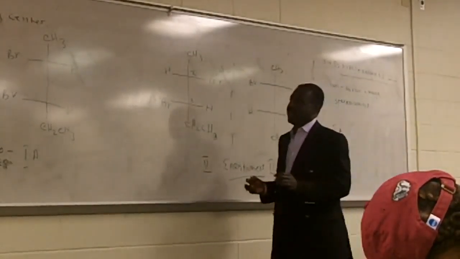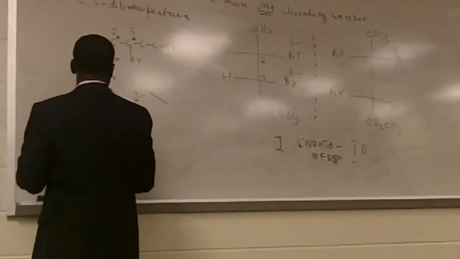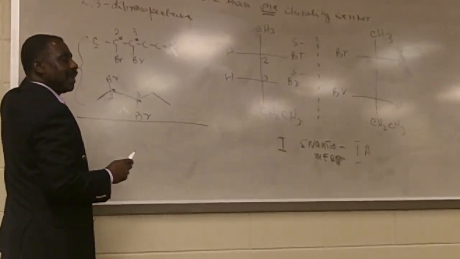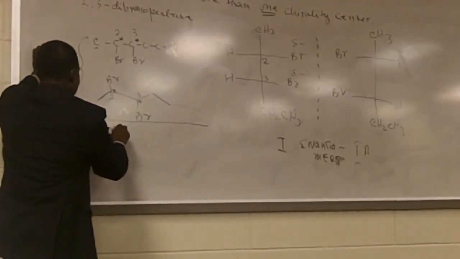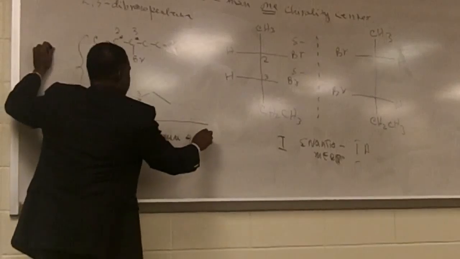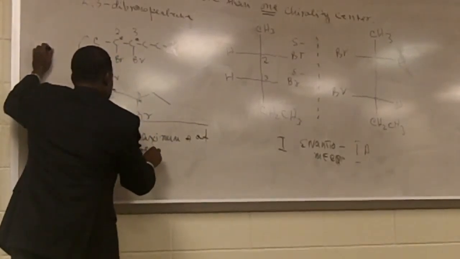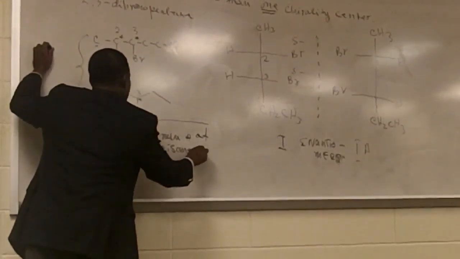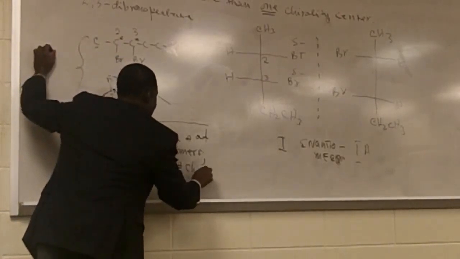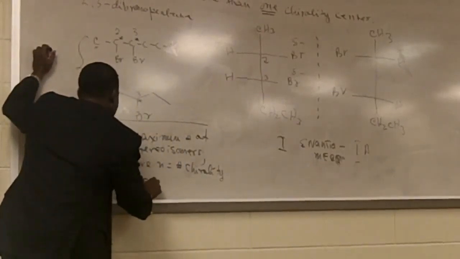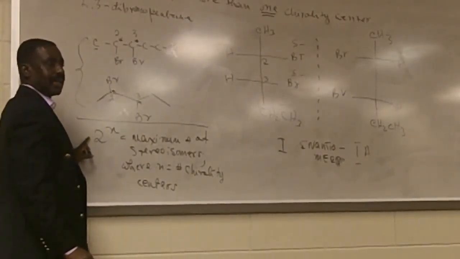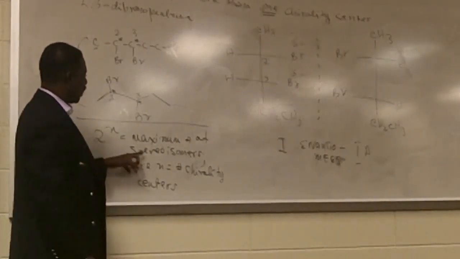So the general rule here is that the maximum number of stereoisomers that a compound can give me is 2 raised to the power n, where n is equal to the number of chirality centers. 2 raised to the power n will give me the maximum number of what?